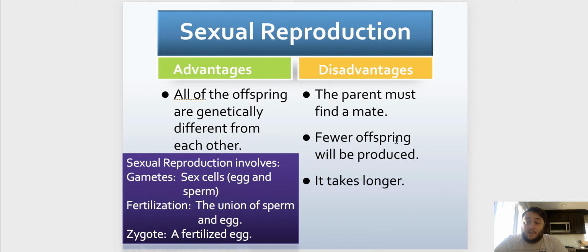Humans are a perfect example. For the most part, we produce one at a time. Sometimes you'll have twins, maybe you'll have triplets or quadruplets, which are very, very rare. But for the large majority of the population, it's one child at a time, and it takes 9 months, right? So it's not like you can get pregnant, have the baby, and then get pregnant again next week, right?